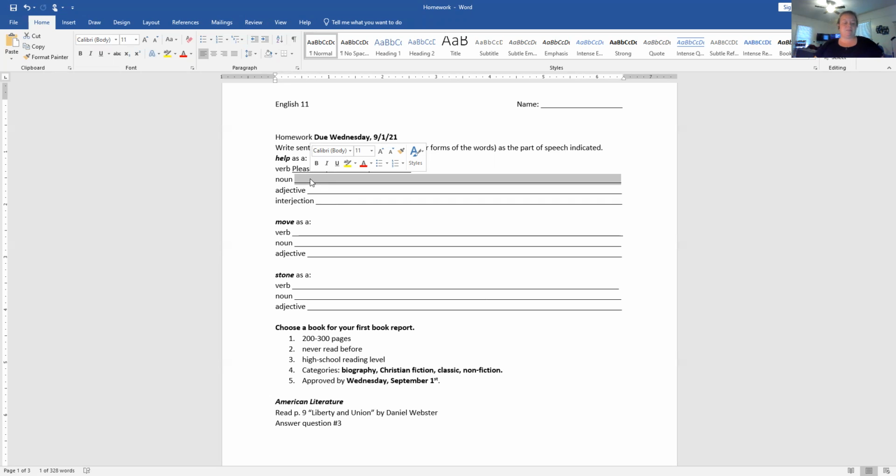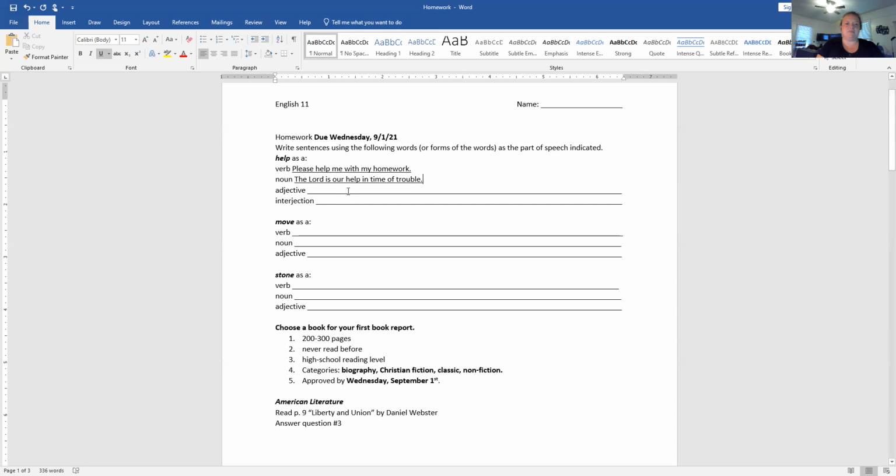So we can do that, use help as a noun. So I'll just say the Lord is our help in time of trouble. All right, because in this case, help is a predicate nominative. It's answering the Lord is what? The Lord is help, so it's acting as a noun.